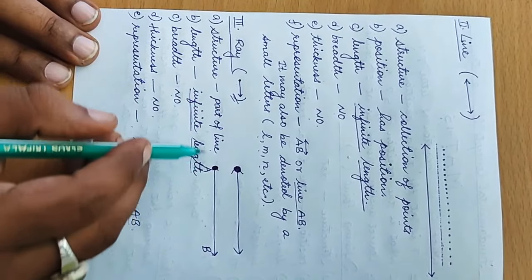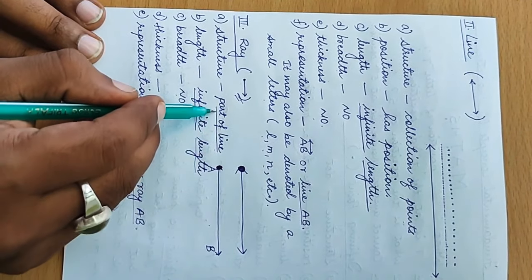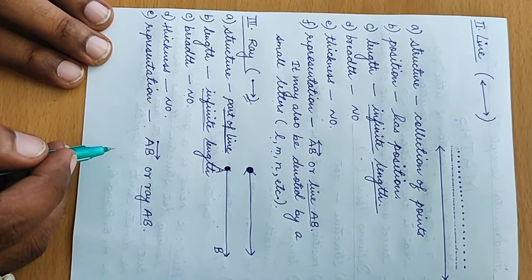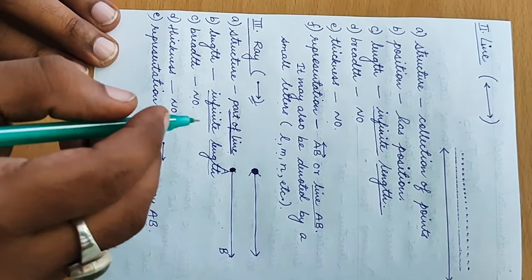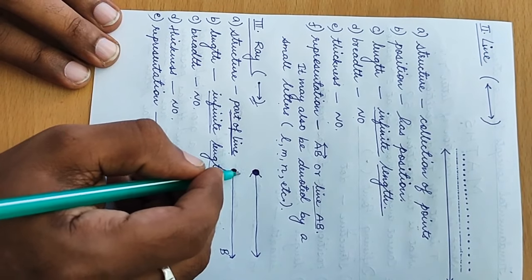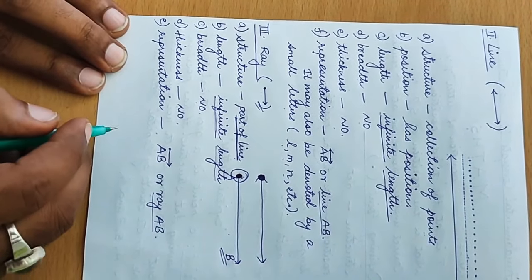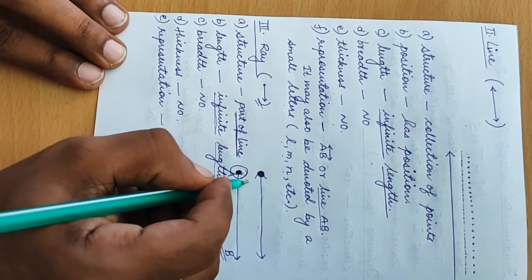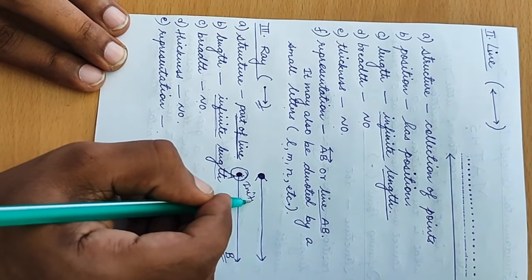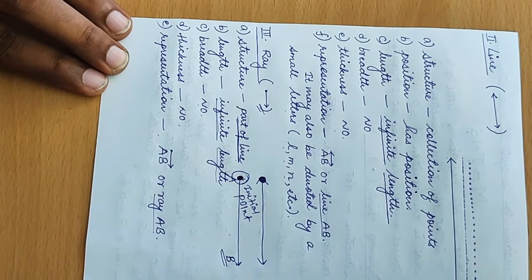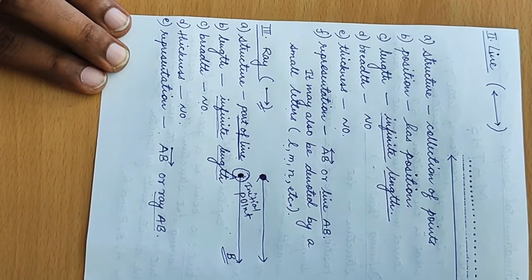Now, the ray which we have taken from the line, we can say it is a part of a line, first thing. Second thing, it has one endpoint. This is one endpoint and the other is endless. So this endpoint is known as the initial point.